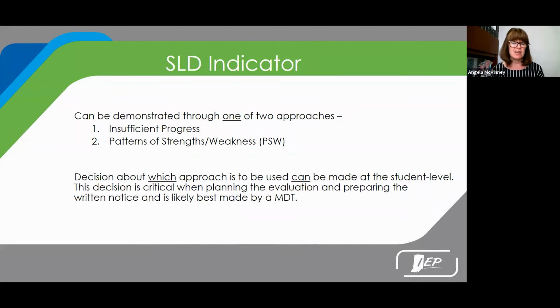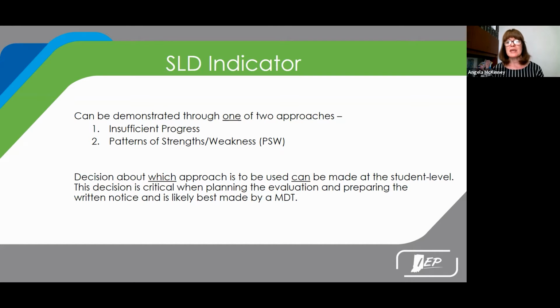And then you have a 9th grader in a school that's not doing any intervention work, and you know that data is not there, and your option is to look at pattern of strengths and weaknesses. You can make that decision, but you should make it prior to starting the eval.